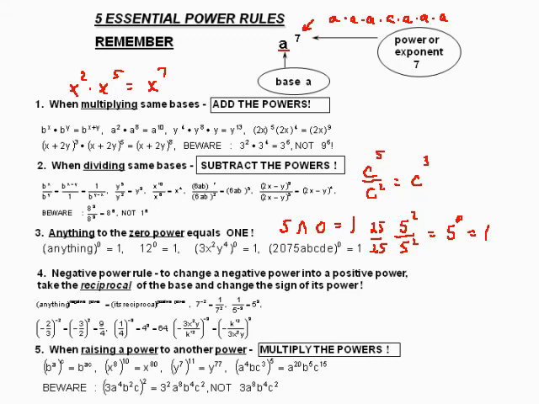Now, what if we had, let's say, f squared divided by f to the 5th power. Well, if we subtracted the powers there, we would get f to the negative 3rd. Now, they call this f a misplaced base. And if we expanded this one over here on the side, we would have 2 f's in the numerator, 5 in the denominator.